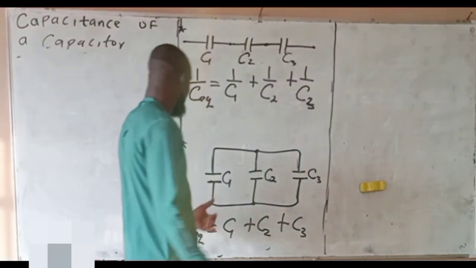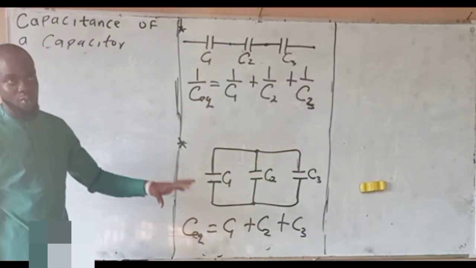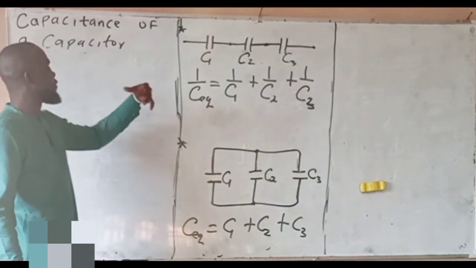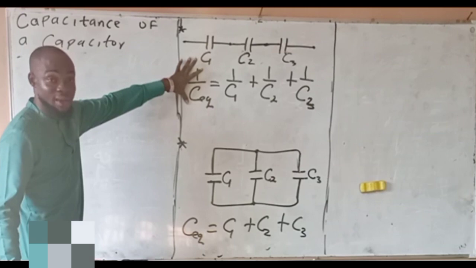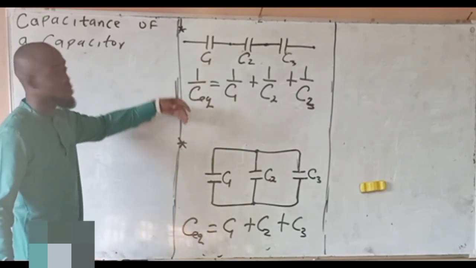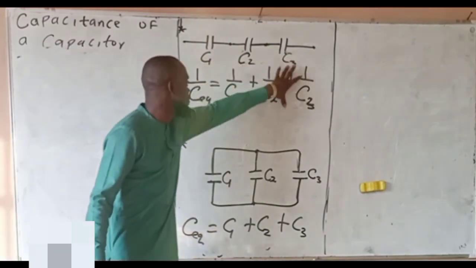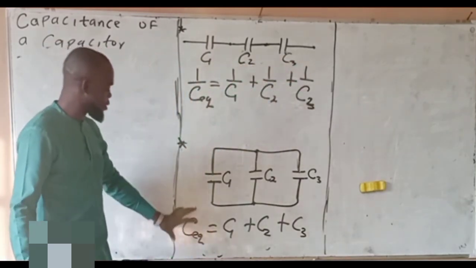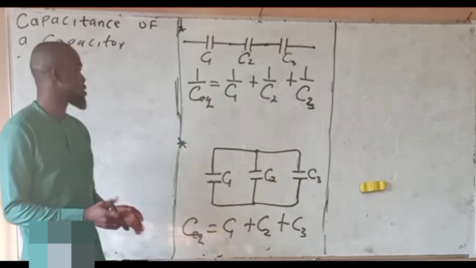Take note of this. When we get to electricity, I will explain more. There's something called resistance in current electricity. For resistance, parallel and series are the other way around, but for capacitors, parallel we combine this way and series this way.